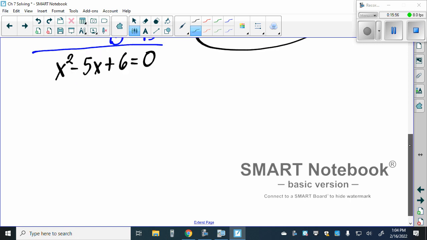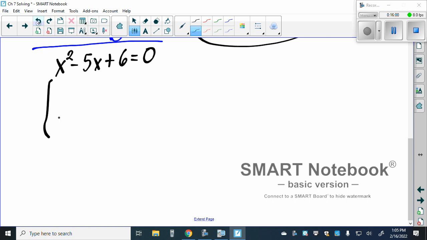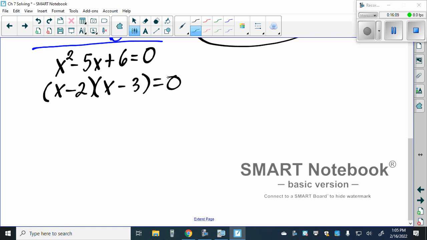And realistically, if we wanted to factor it, well, I have a feeling that this would actually end up being x minus 2 times x minus 3 are going to be the factors if we were going to factor this out. And if two things multiply together to equal 0, well, one of them has to be 0.